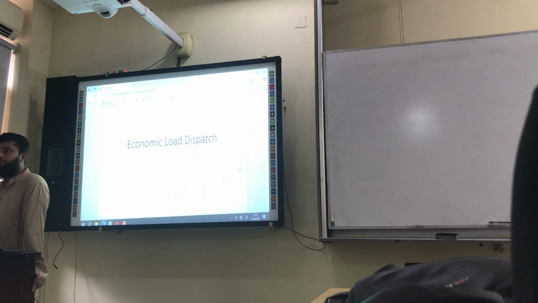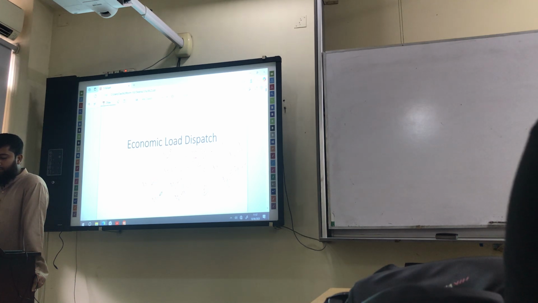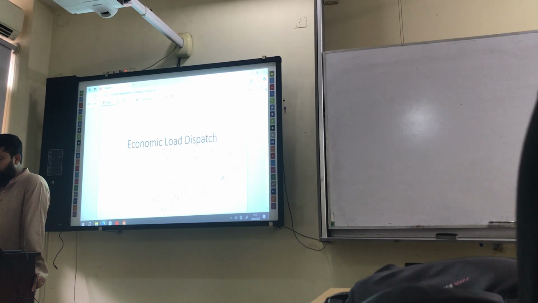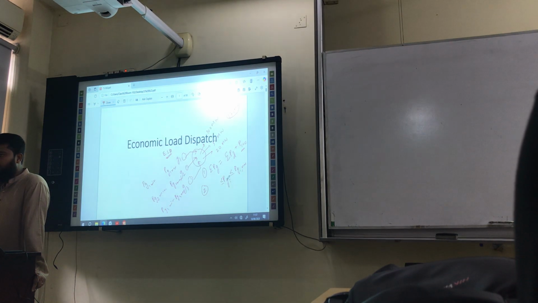So there should be an upper bound for generation, as well as lower bounds, because there is PG1 min, PG2 min, like this. So this generation PGi should be higher than or at least equal to PGi min.